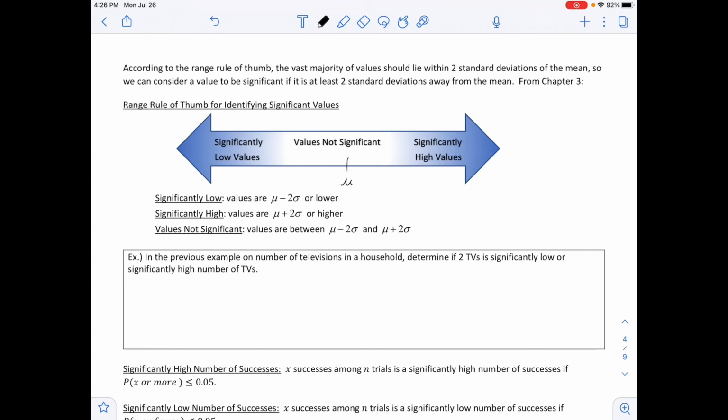Our mean is in the middle, going out 2 standard deviations both ways. A significantly low value would be one that is mu minus 2 sigma or lower, significantly high is mu plus 2 sigma or higher, and not significant values are going to be between those two values, mu plus or minus 2 sigma.